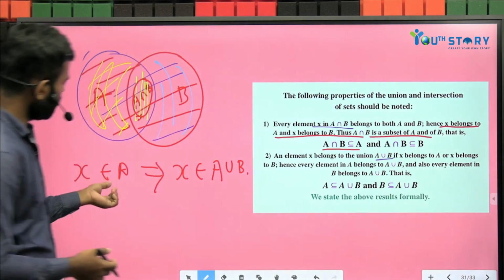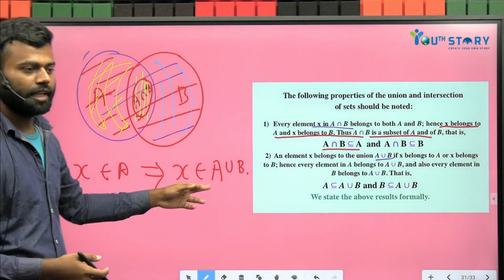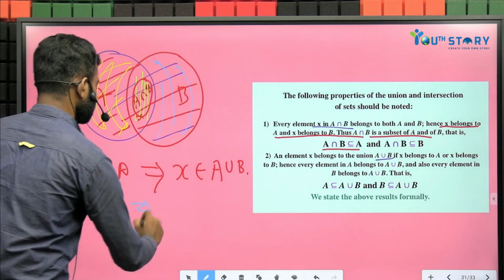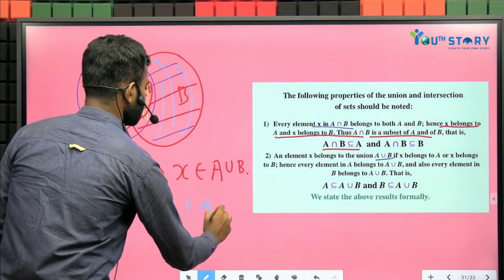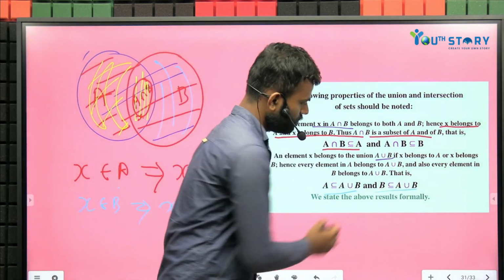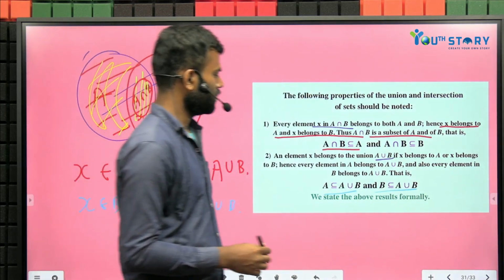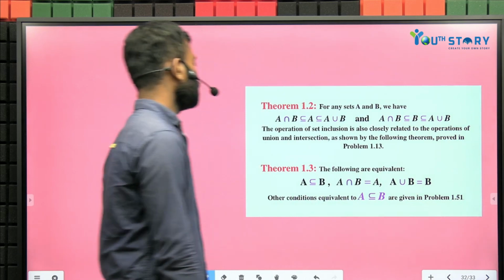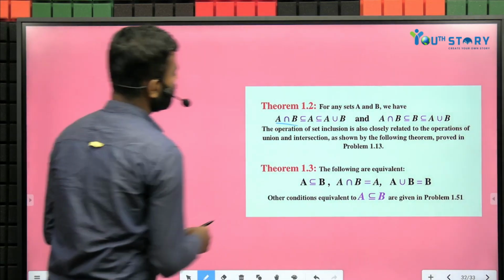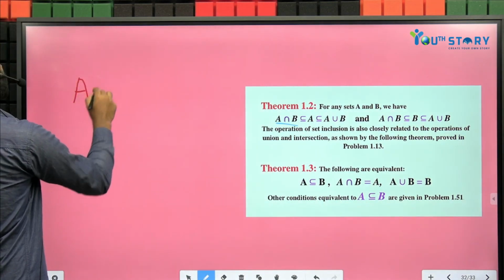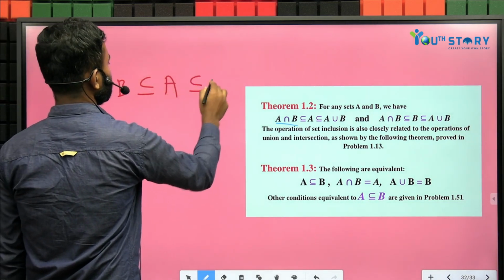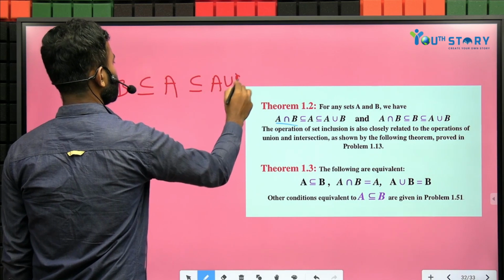So each member of A is also a member of A union B and each member of B is also a member of A union B. So we can write A subset of A union B and B subset of A union B. Now we can write A intersection B subset of A, subset of A union B.